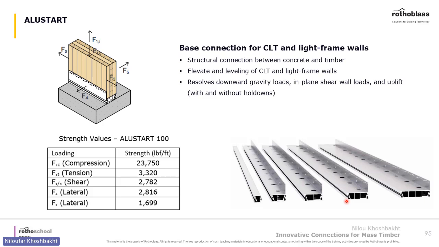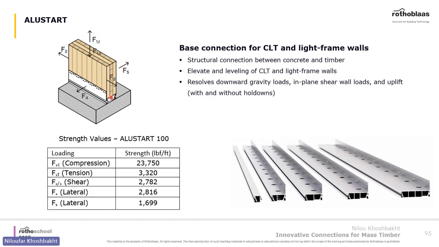We have introduced this product called AluStart, which are aluminum profiles in different sizes. You can install your CLT on top of the AluStart, and this creates a barrier between the concrete and the wood.